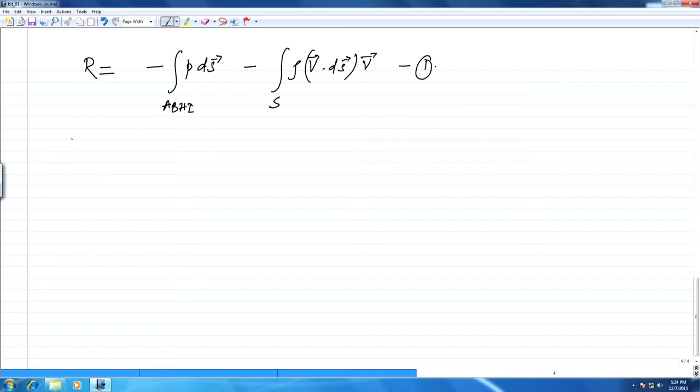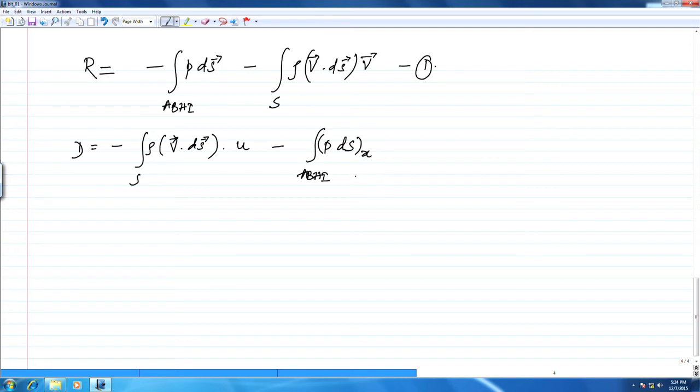So, if I do that, what I will get is minus V dot ds into u, where u is in the x direction, minus... All this means is that this second integral here, you take the component of the pressure in the x direction.